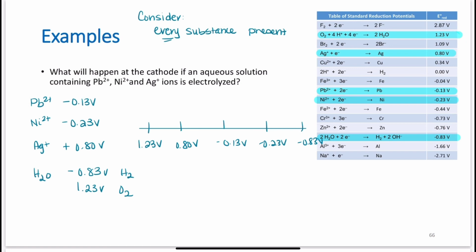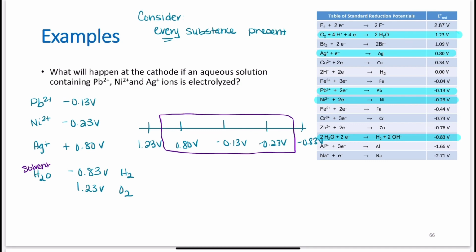And no, these are not drawn to scale because I can't fit them all. But when I'm electrolyzing something, we work with what we call a working window. We don't want our solvent to break down. Here, our water is our solvent. So we're going to try to stay within that range to keep it from breaking down.